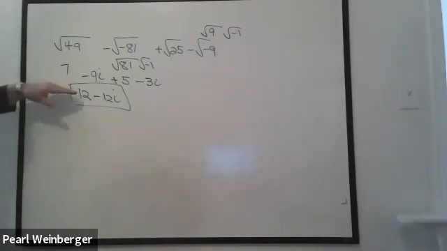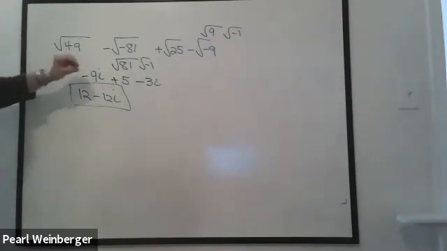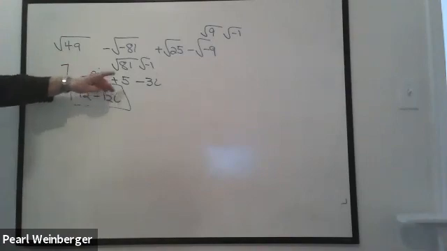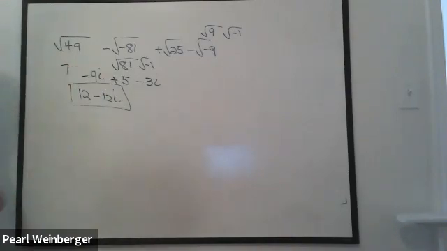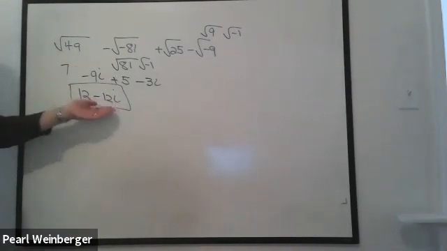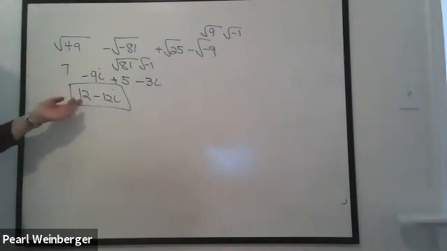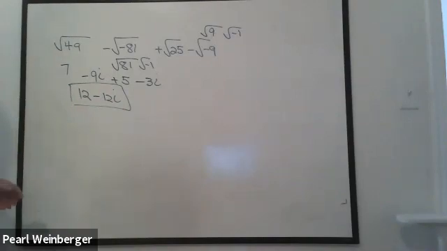Notice this is in a plus bi form. The real part is 12, the imaginary part is the -12i. These cannot be combined because this has an i, but this doesn't. So it's regular algebra. There's nothing too complex about this.